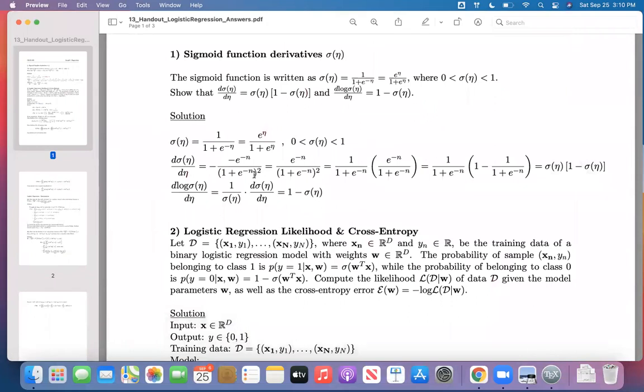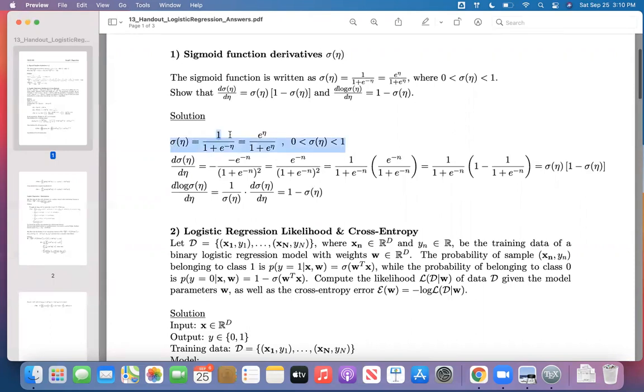So in this derivation, in which our goal is to compute the first order derivative of the cross-entropy function for the logistic regression, we're going to start by computing the first order derivative of a sigmoid function. And the reason for that is that this will be very handy when we're going to compute the first order derivative of the cross-entropy error.